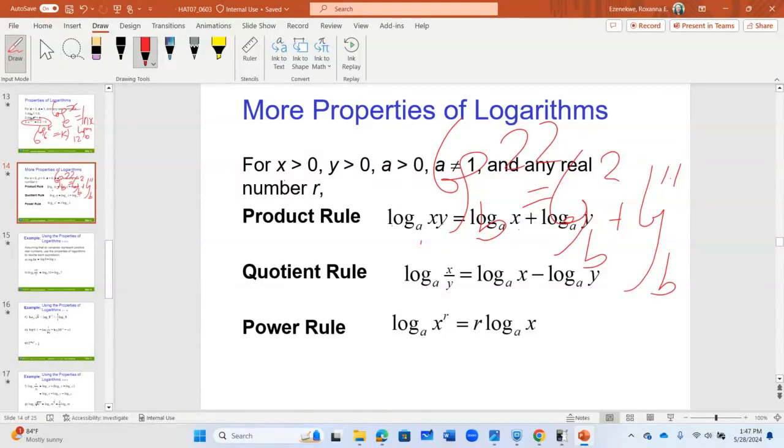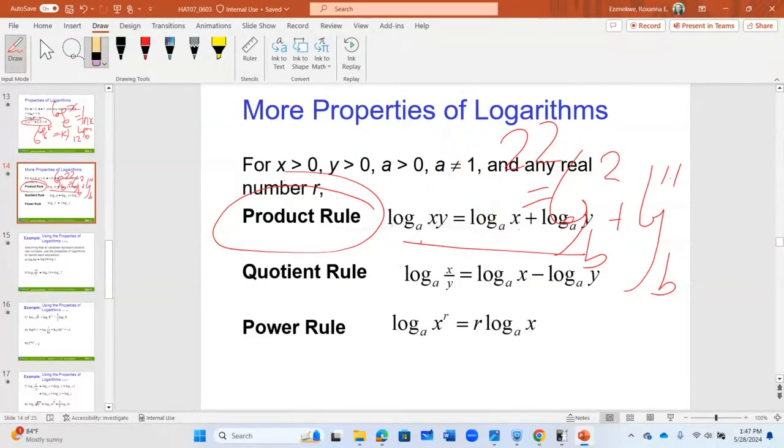So if I'm multiplying, I can add. The product rule says multiplication can be used as addition.